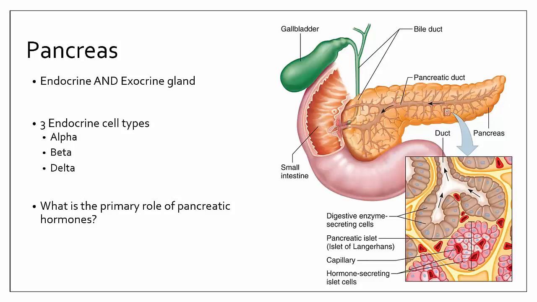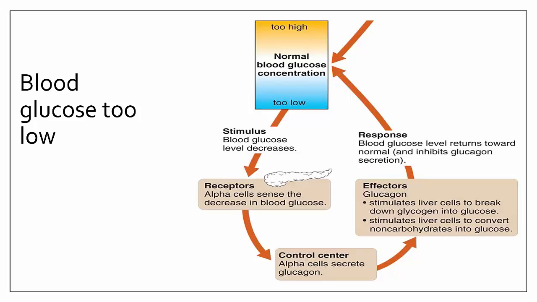What is the primary role of pancreatic hormones? What does the pancreas do? The pancreas regulates blood glucose levels. How much sugar you have in your blood. Blood glucose too low, right here, that's your stimulus. Your receptors are alpha cells.